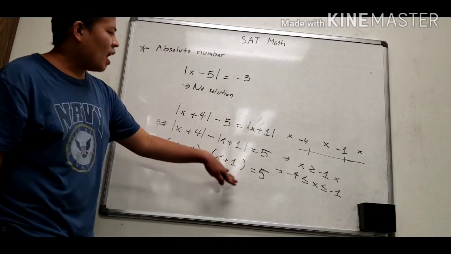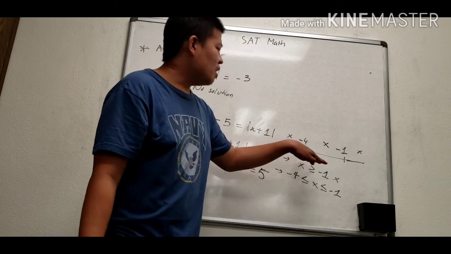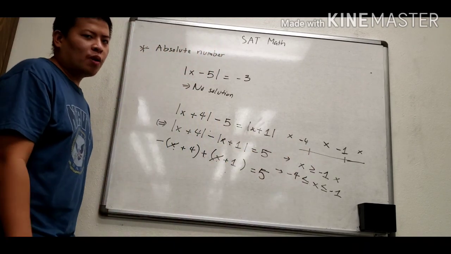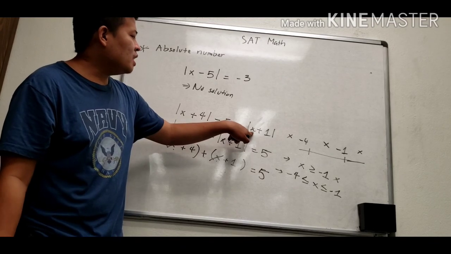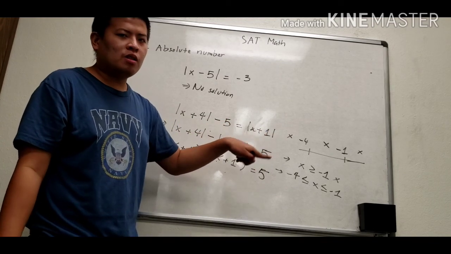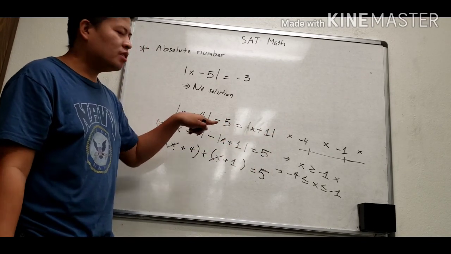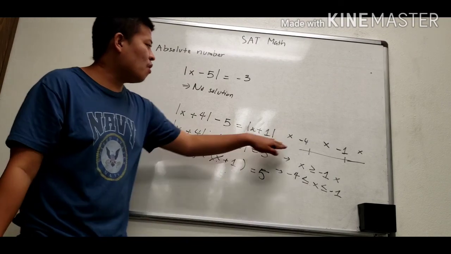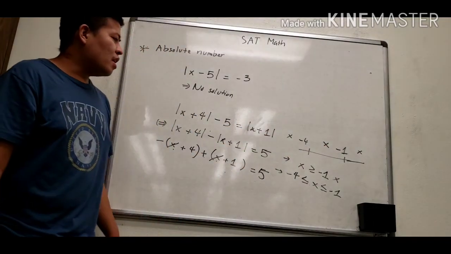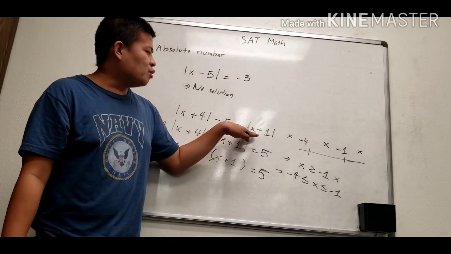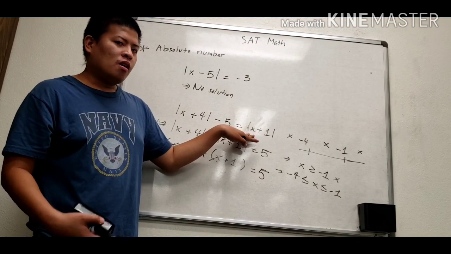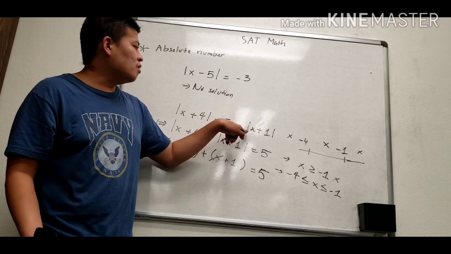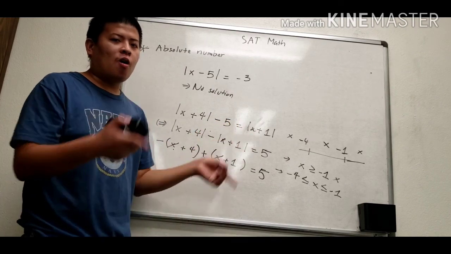This is the technique for when we have more than two absolute numbers: you make the domains s plus 1 greater or equal to 0 and s plus 4 greater or equal to 0, and then we draw the line in here. If the absolute expression becomes negative, then we change to minus and open the bracket.